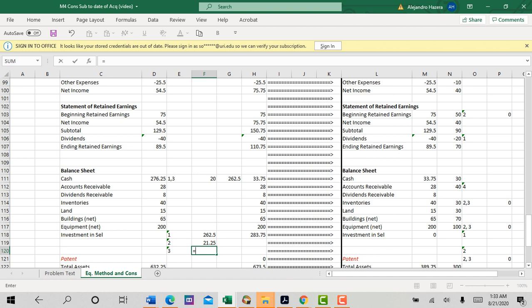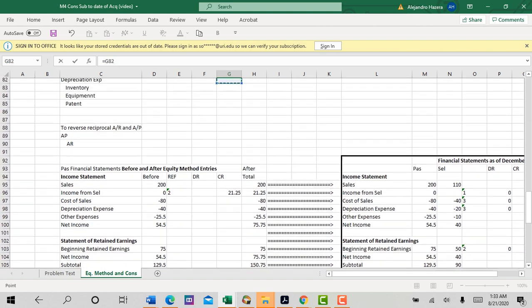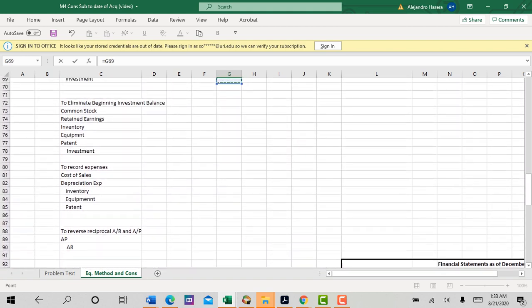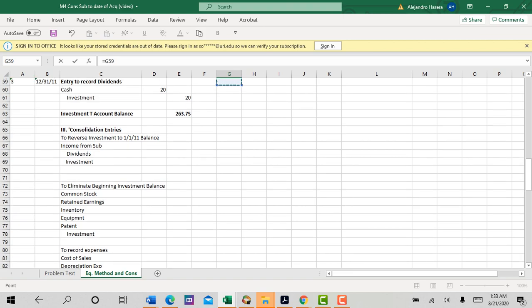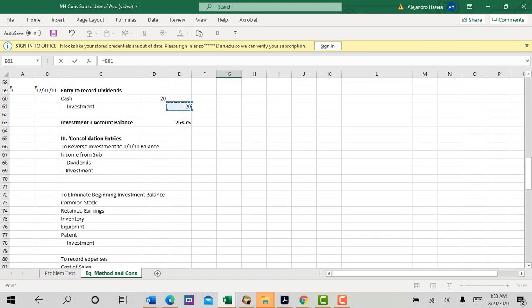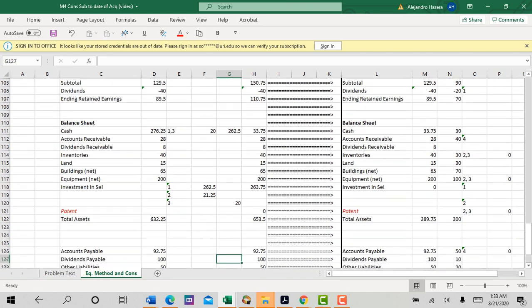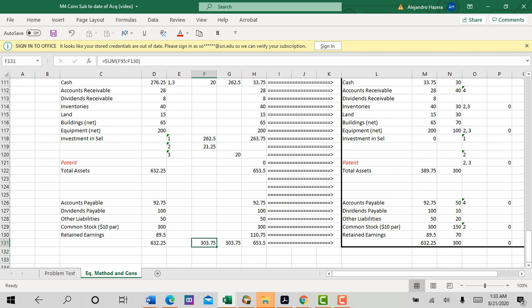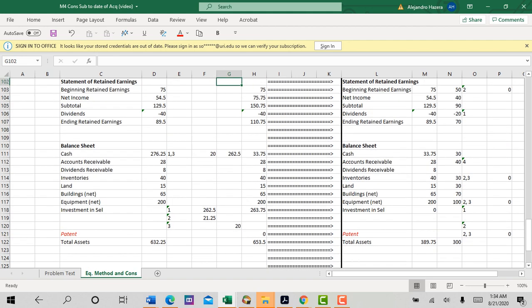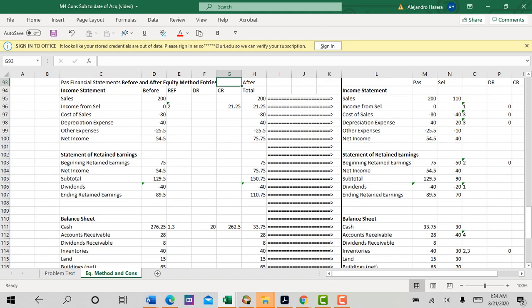So there's entry number 3. My debits equal my credits.